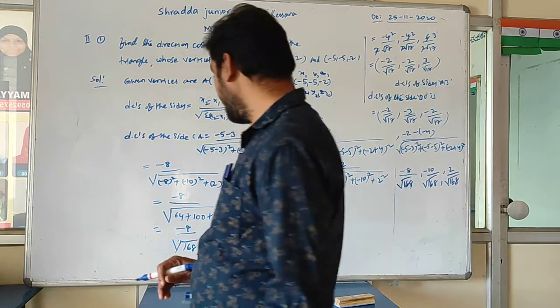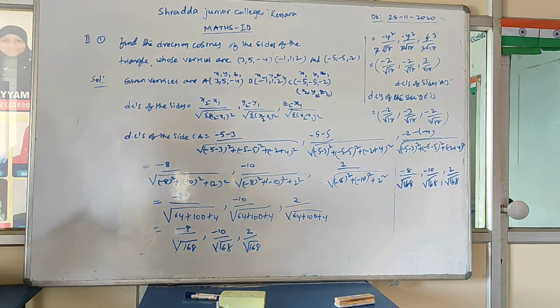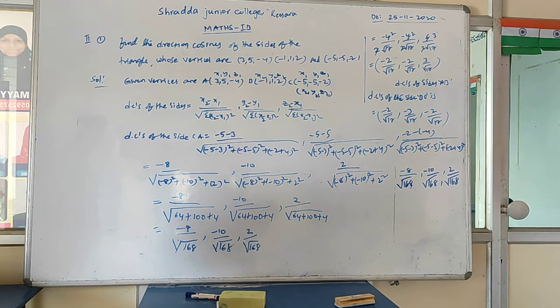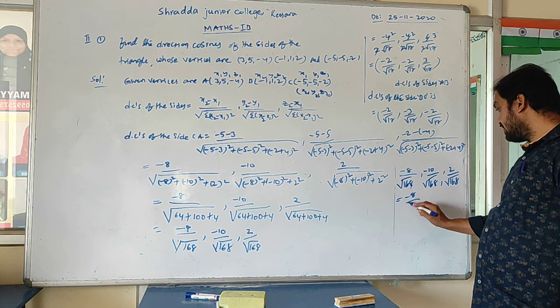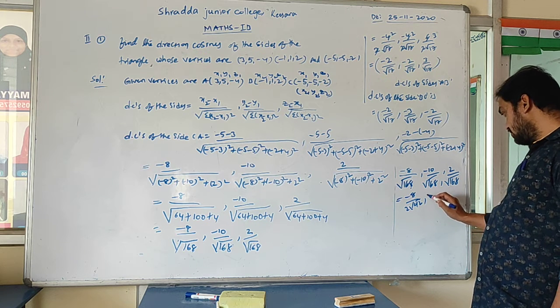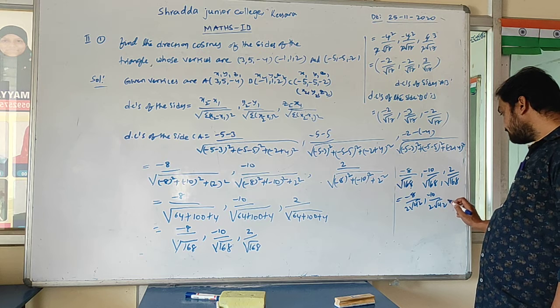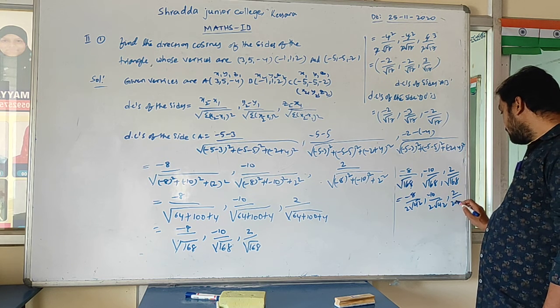So next we have to find. Now this is minus 8 by, we can write this as 2 root 42, minus 10 by 2 root 42, 2 by 2 root 42.